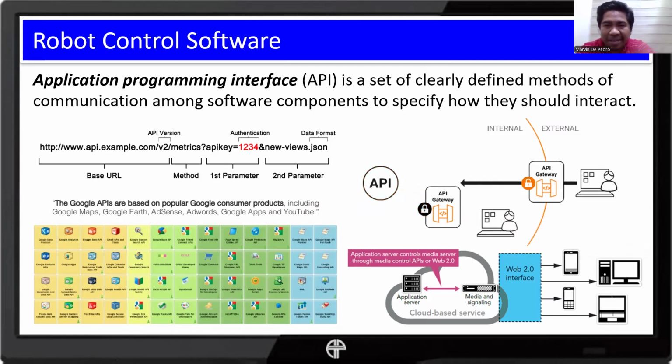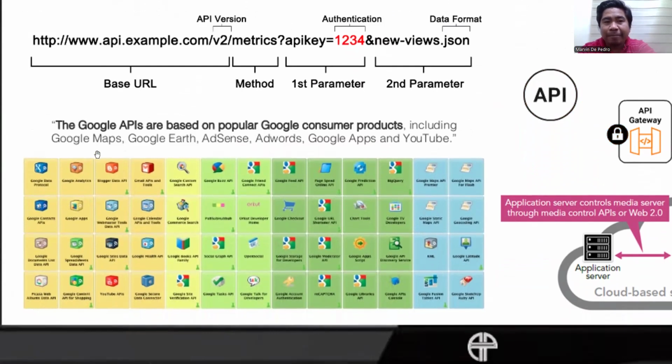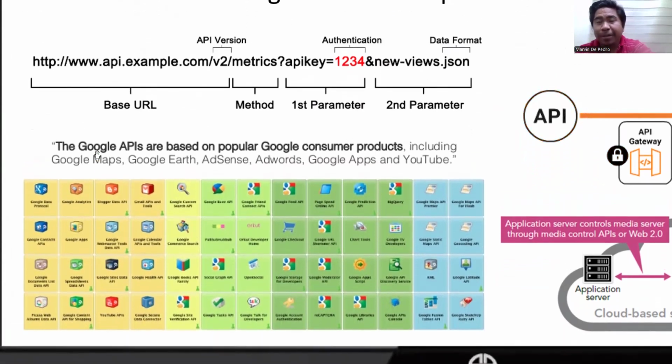Now, as you can see, APIs are everywhere today. Google provides a lot of free APIs, like the ones for Google Maps or for other Google features like Google Sheets and Google Forms.